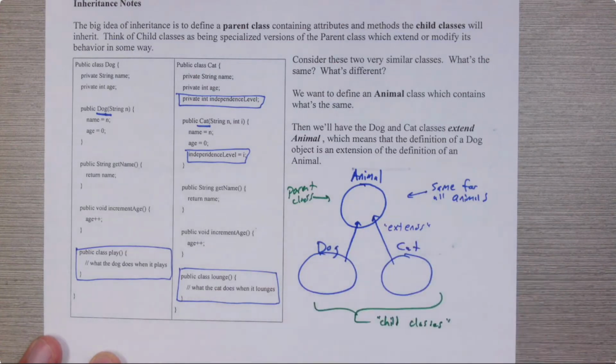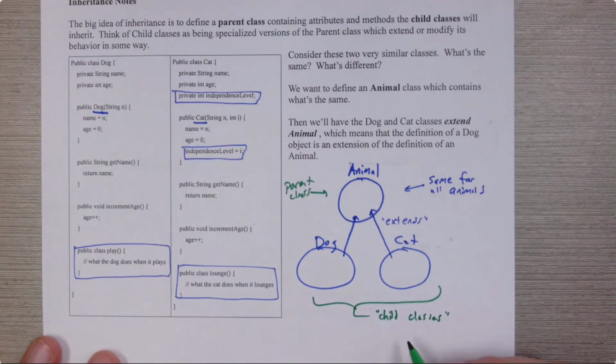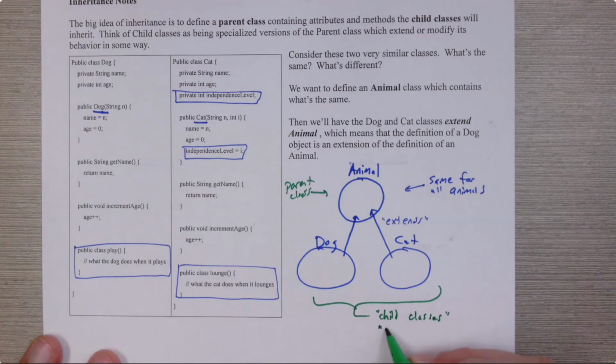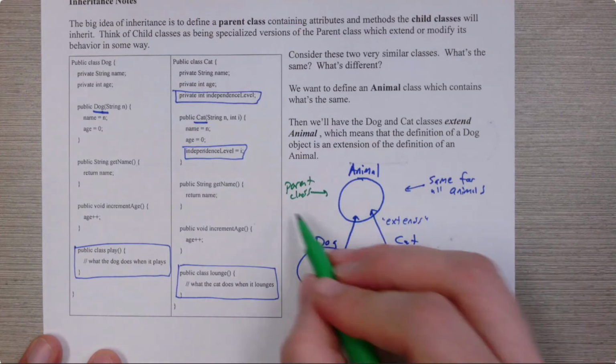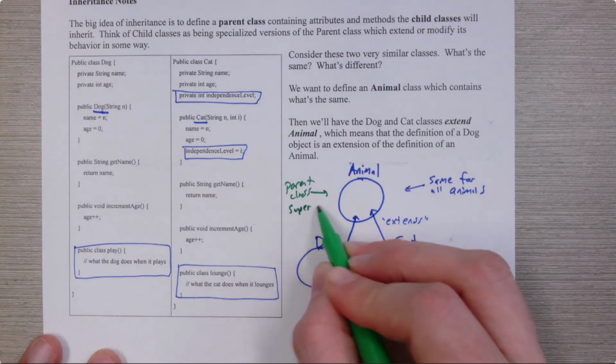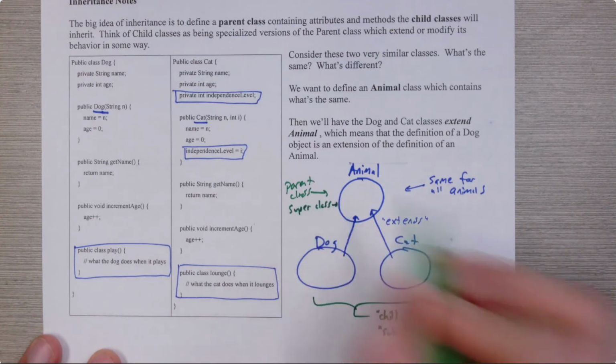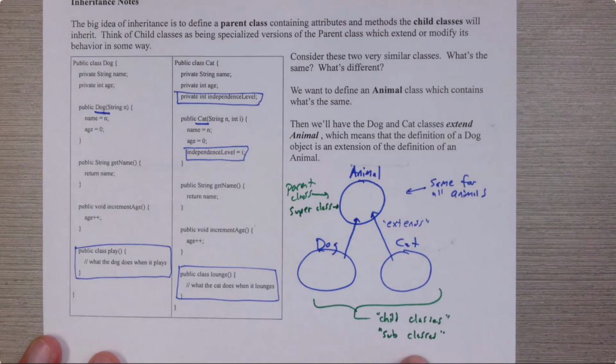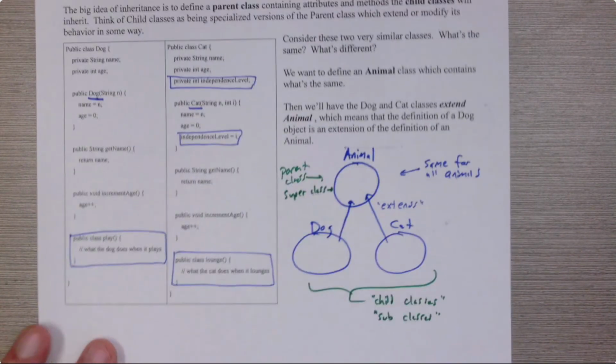Because these are very important concepts, there are a lot of different names for these same concepts. So instead of child classes, they're sometimes called subclasses. And then the parent would be called the superclass. So I'd say my subclasses inherit from the superclass. My child classes inherit from the parent class.